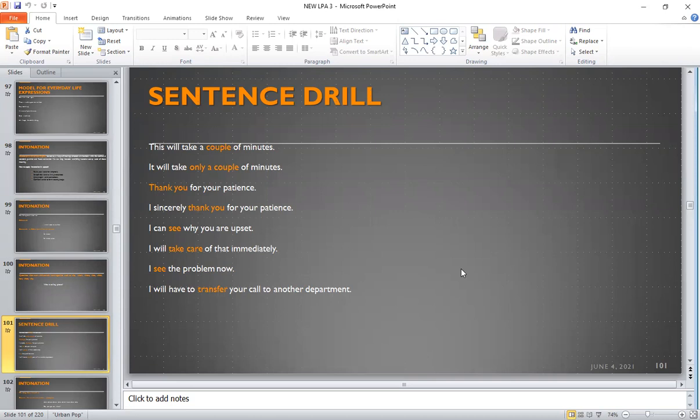You see there, the highlighted part is where we put the emphasis. That's what I would like you to do when we read this later on. Okay.